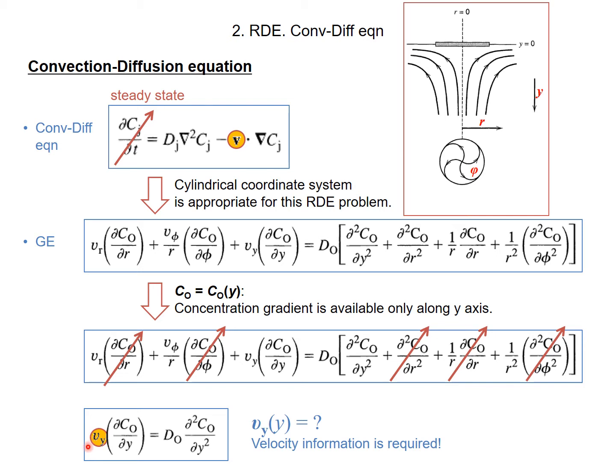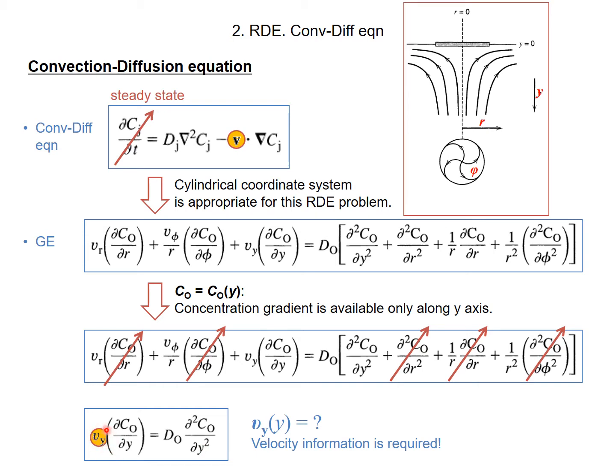The y component of velocity with dc/dy is equal to the diffusibility with the second derivative of concentration in terms of y. Okay, then we'll solve these equations. Right now, what we need is the information about the y component of v.